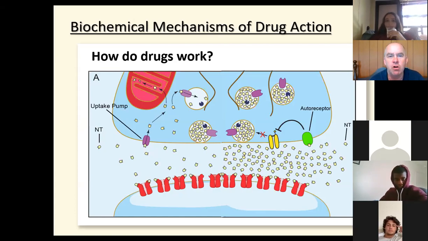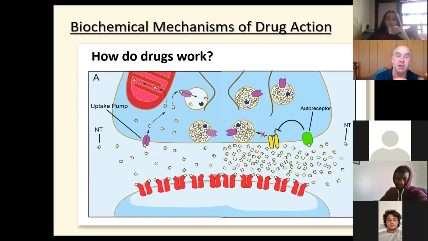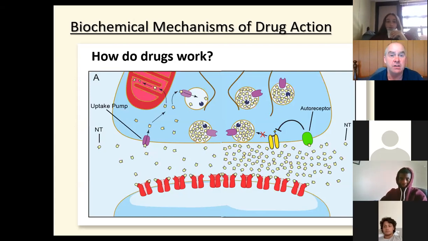Do you get more or less stimulation at the postsynaptic side? More. Correct. If you're blocking that pump, the neurotransmitter is going to stay in the synapse longer and you get more synaptic transmission there. Cocaine does that.